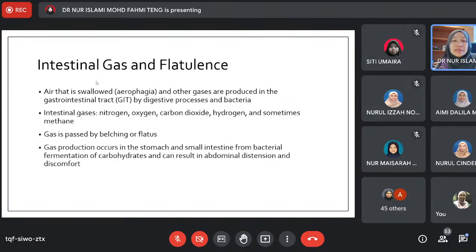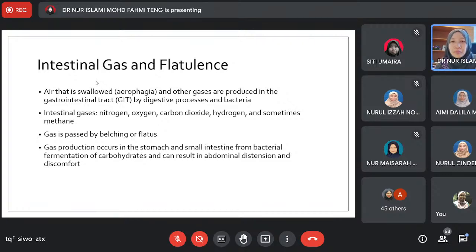So when there is a lot of gas production, it is either because the food you eat causes high gas production by bacteria in the GI tract, or because you swallow a lot of air, for example drinking with a straw. It can also produce gas in the stomach, usually higher because of the fermentation of carbohydrate and sugar.